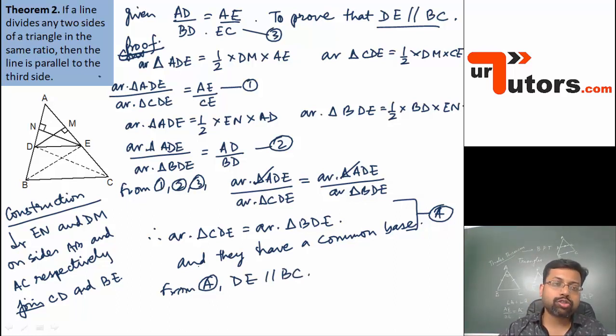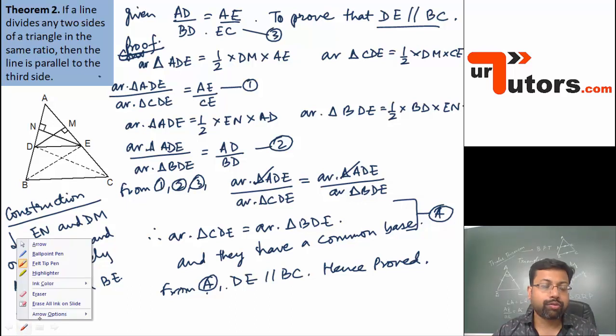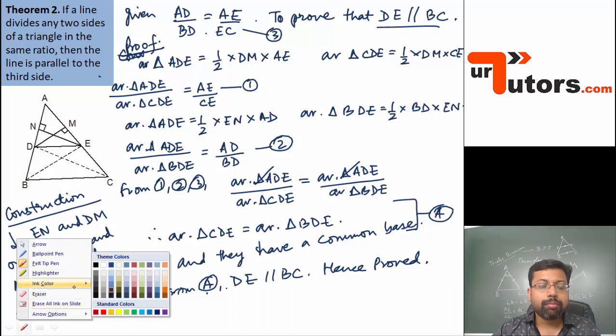If there are two triangles on the same common base whose areas are equal, then if you draw a line joining the vertex of the two triangles, it will be parallel. So from A we have DE parallel to BC, and this is what we have to prove here, and hence it is proved. Thus the converse of the basic proportionality theorem is proven.